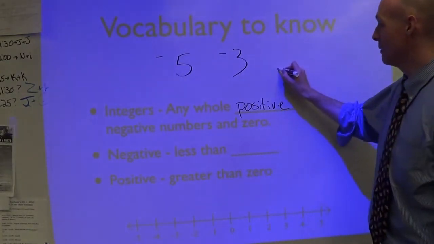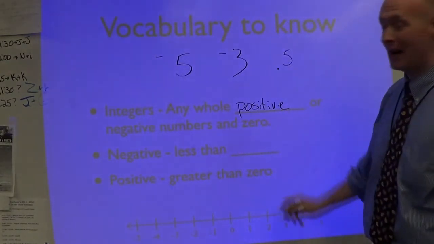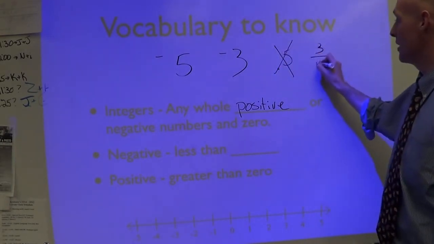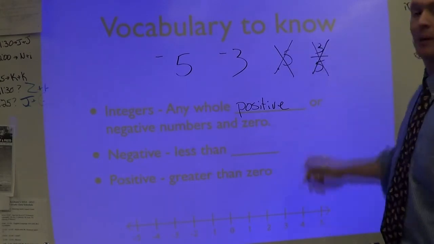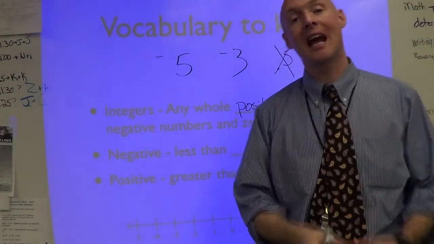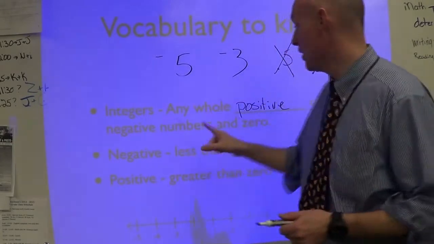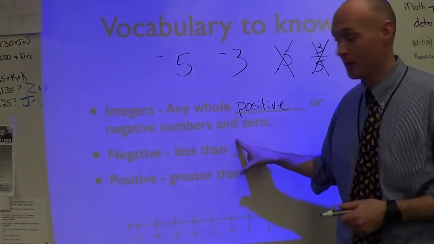However, anything with a decimal point, like 5.5, is not an integer. Anything with a fraction, say 3/5, is also not an integer. The key is that it has to be a whole number. No fractions, no decimals. And yes, 0 does count as an integer.